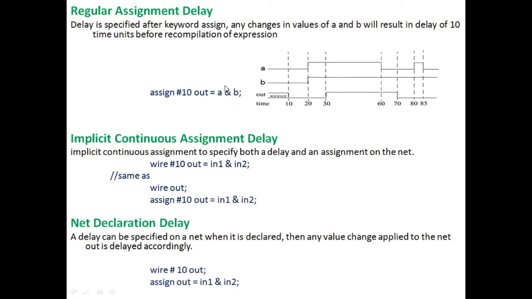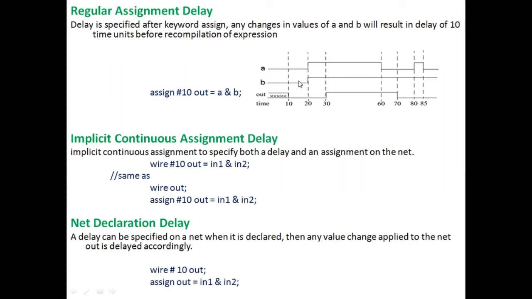A and B, this expression is giving some value to the output variable out, but the output is not displaying the result of A and B because the circuit is consuming a certain amount of delay, that is 10 seconds. After 10 seconds the value will be expressed as an output. So the 0 and 0 combination gives 0 here. From 10 to 20, A is 0, B is 0.